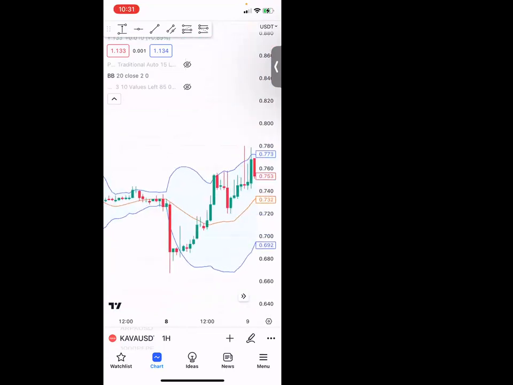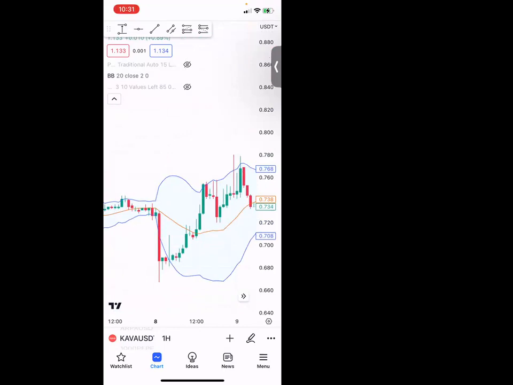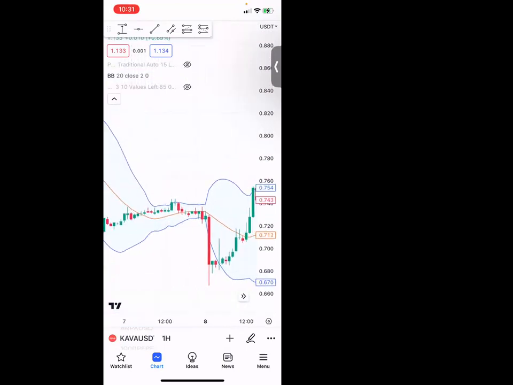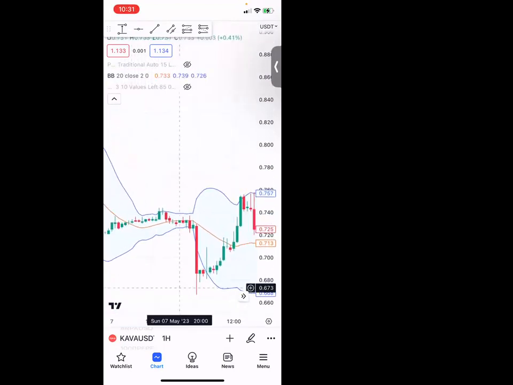Okay, let me give you an example. I don't join the move when we are in a squeeze. This is called a squeeze.